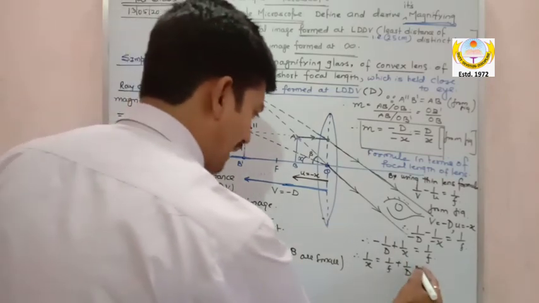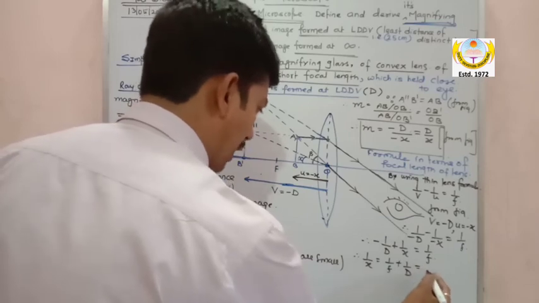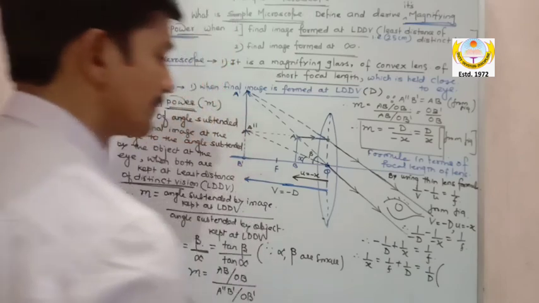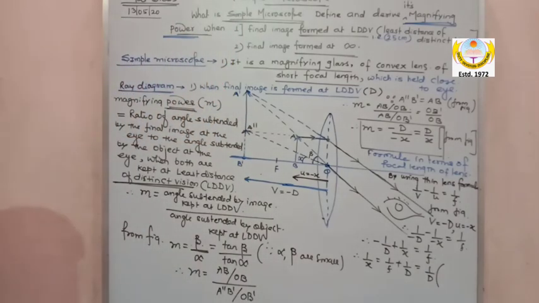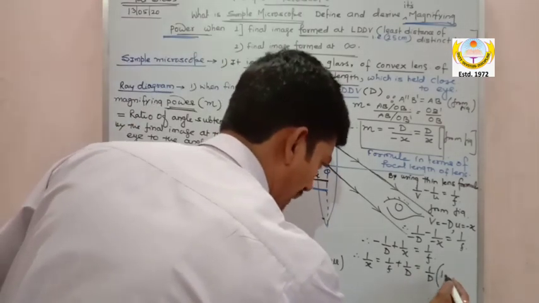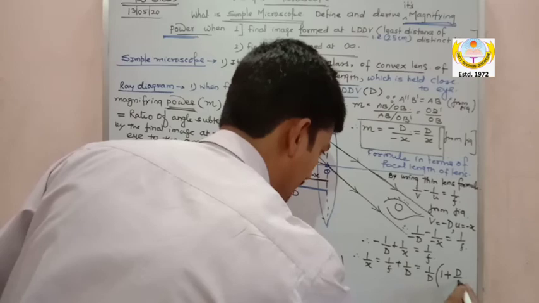Now let us take 1 upon D common. If I take 1 upon D common, this will be 1 plus D by f.